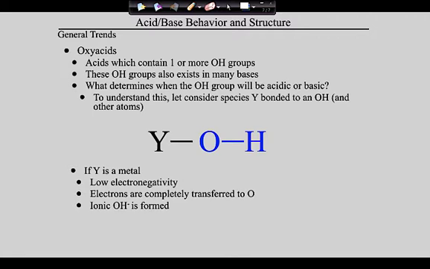Was that too quick? So guys, let's go back through this. The idea is this: if Y is a metal, metals are big and fat and weak. If metals are big and fat and weak, oxygen's going to steal electrons from it, making Y a positive ion and making OH a negative ion and making the bond between them ionic.